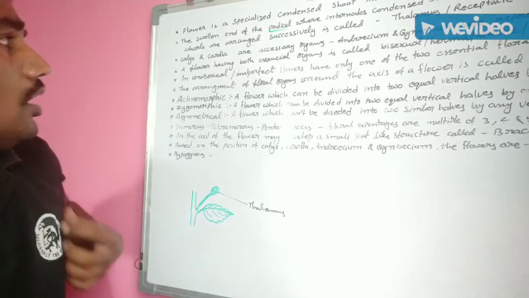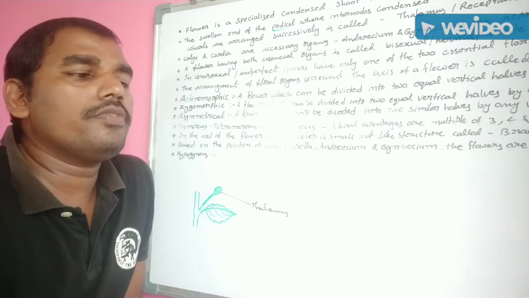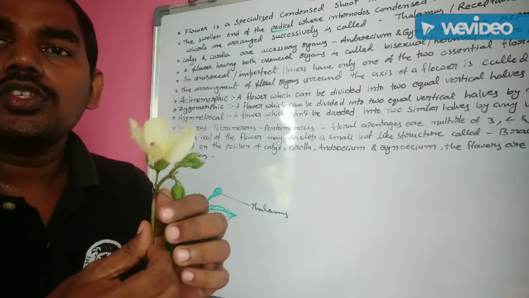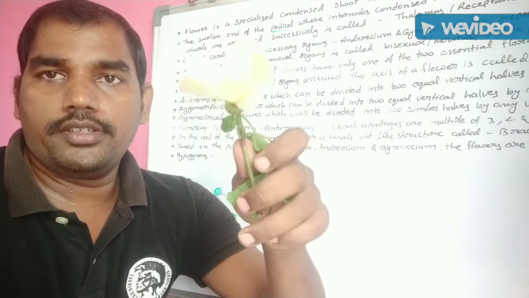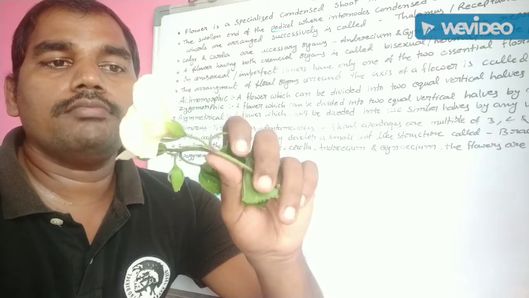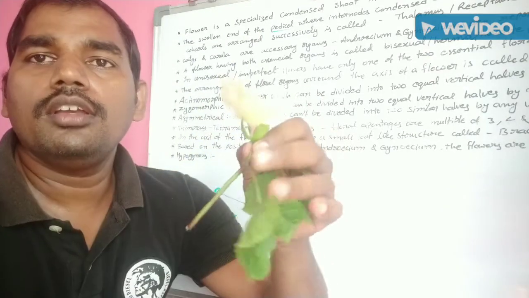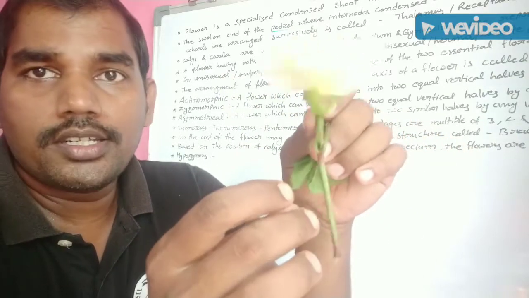Next one. What are the parts of a flower? This one is the lady's finger, Bendi, Abelmoschus esculentus. This one is the flower. What are the floral parts?